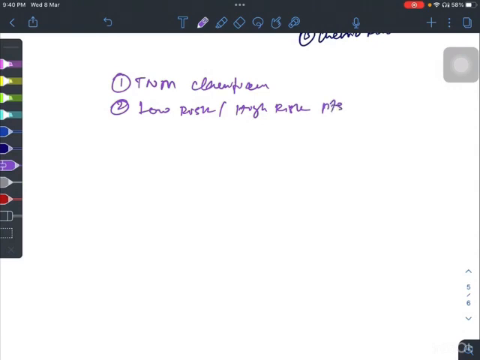So in this video, we have seen the TNM classification, low risk and high risk patients, treatment options of low risk and high risk according to T stage.